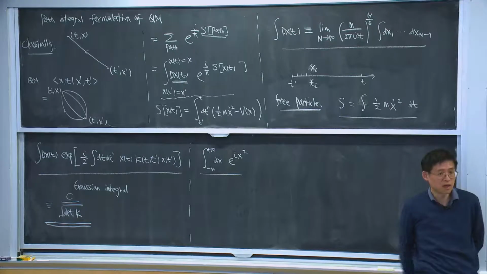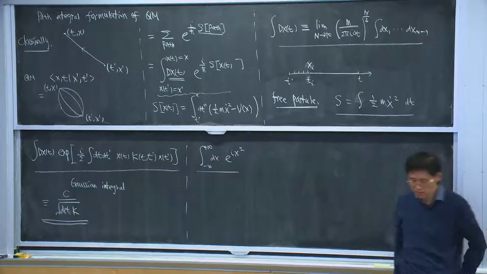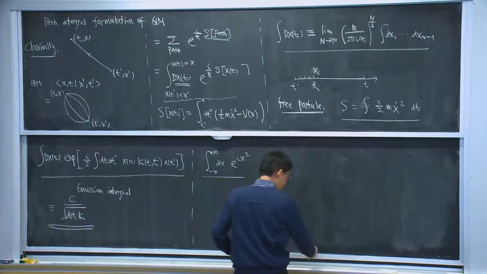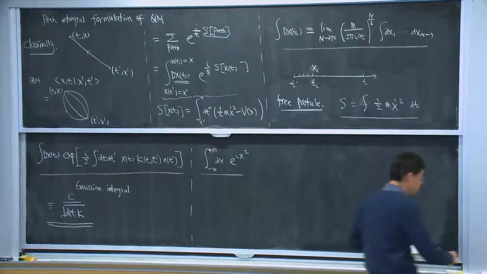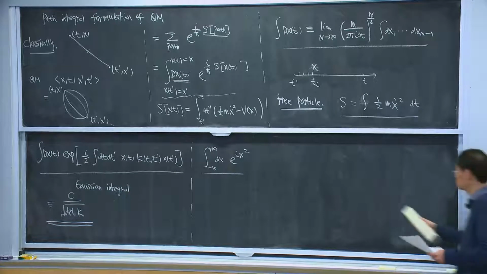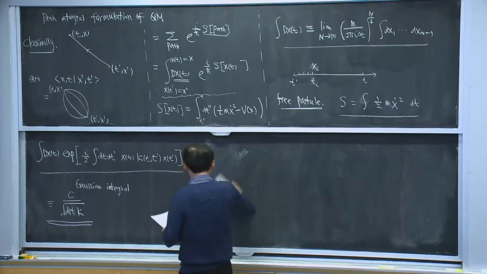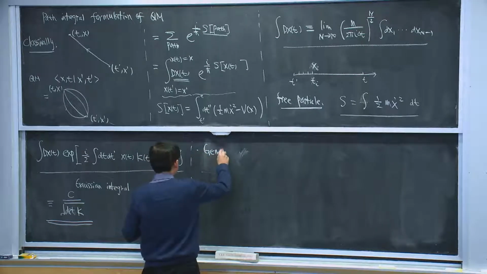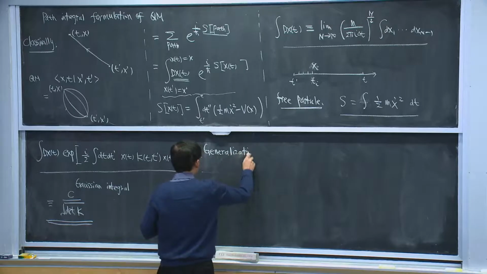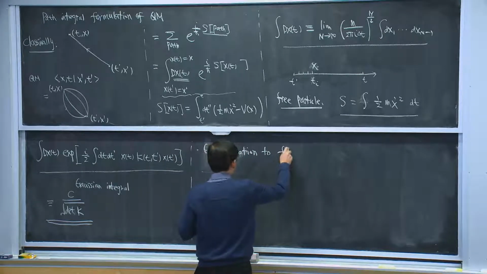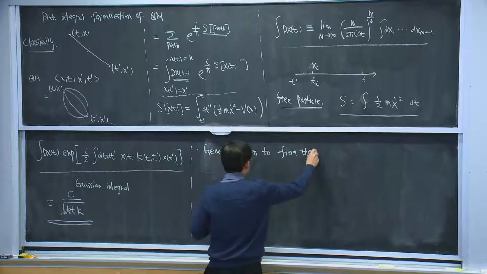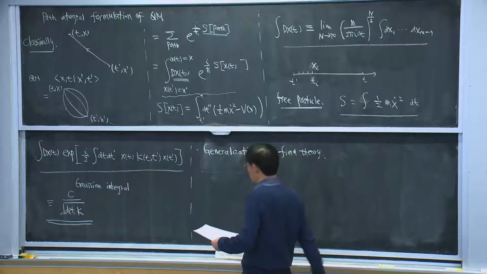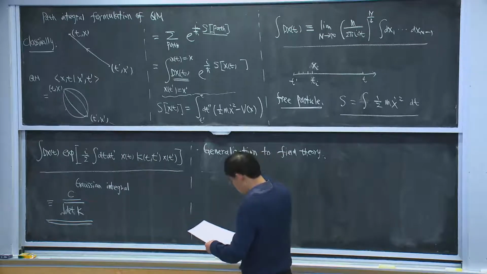Because field theory just takes the number of degrees of freedom to infinity. So to go to field theory, we just need to replace things in the different places.